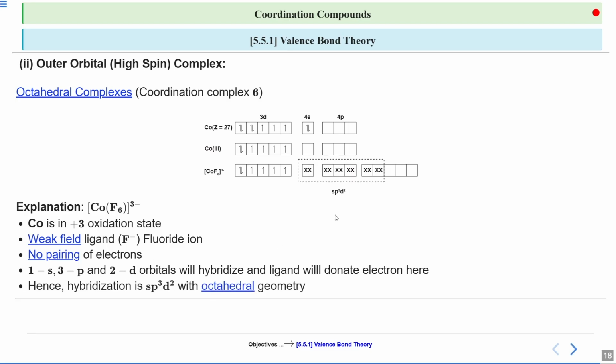So the hybridization in this case is sp3d2. You can see that in the outer orbital complex, nd electrons are participating, the electrons occupying the n, that is 4, in the d orbital.